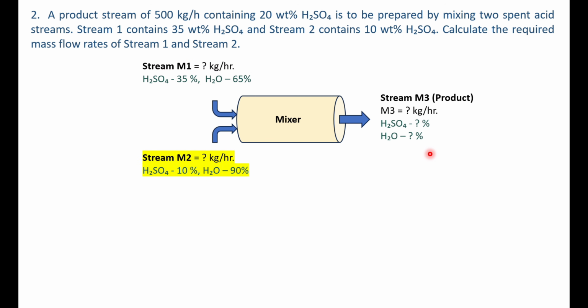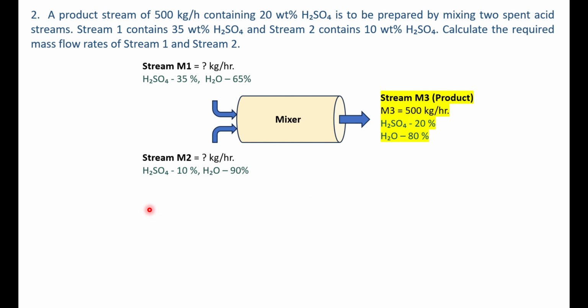Coming to the M2 stream, the question says stream 2 contains 10 weight percentage sulfuric acid, so the remaining must be water, so 90% water. Moving on to the product stream, the question says the product stream is 500 kg per hour, so I am replacing M3 with 500 kg per hour. And the sulfuric acid percentage is 20%, so the remaining 80% must be water. So we have filled in all the values.